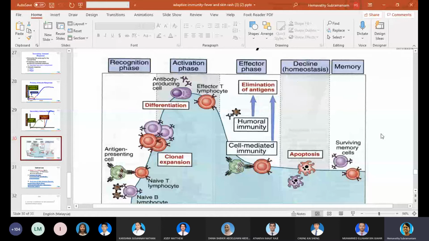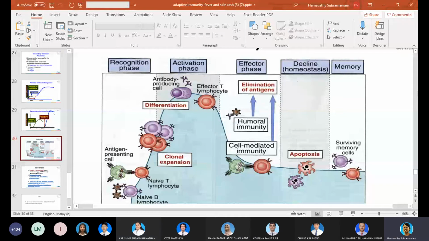Anyone knows function of MHC class 1 and MHC class 2? Or maybe we can start by saying MHC class 1 is presented on which type of cell and MHC class 2 is presented on which type of cell? Anyone knows? MHC class 1 is for CD8 and MHC class 2 is for CD4.